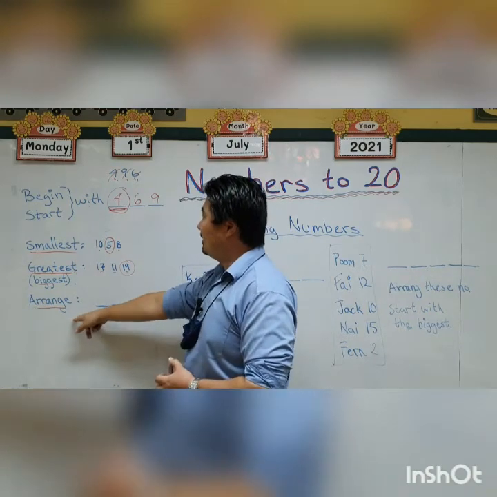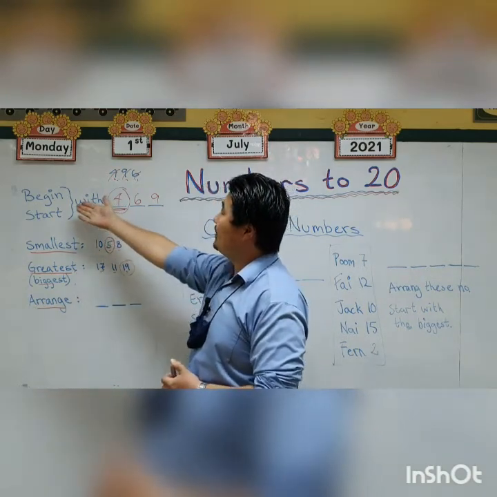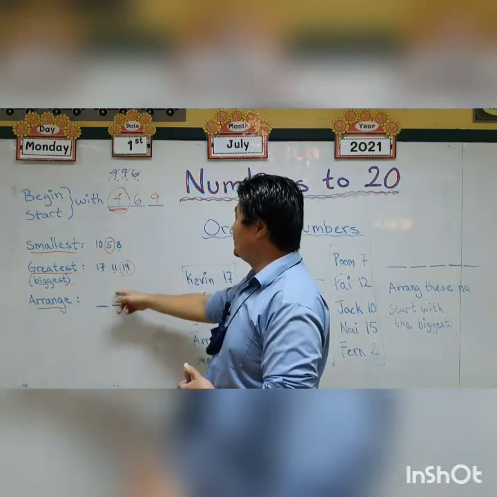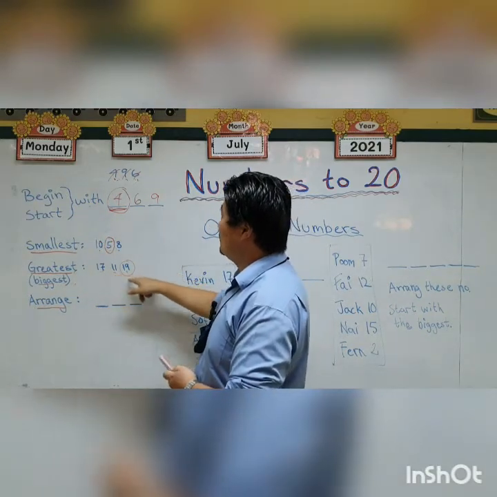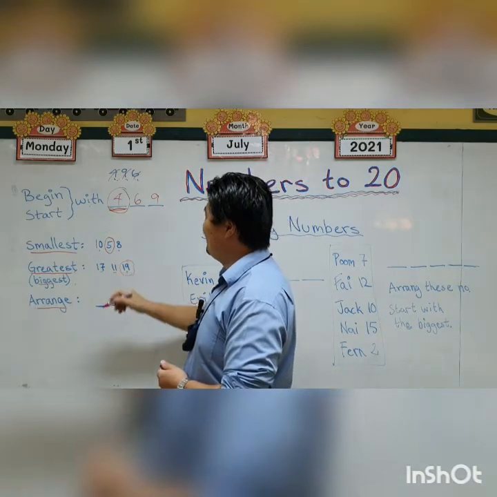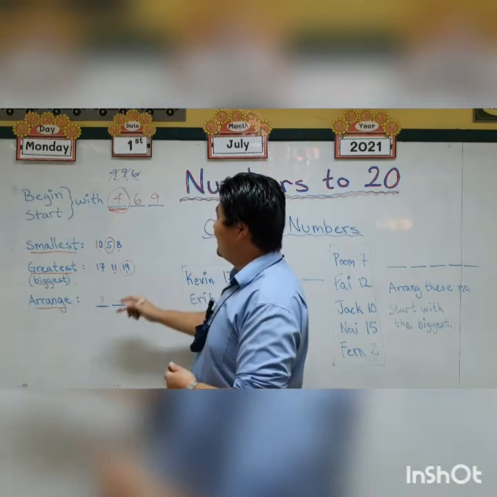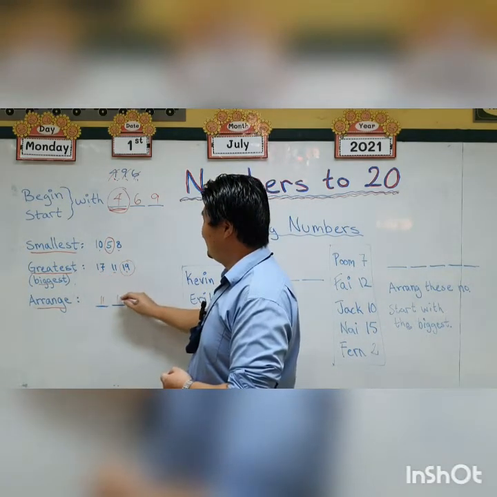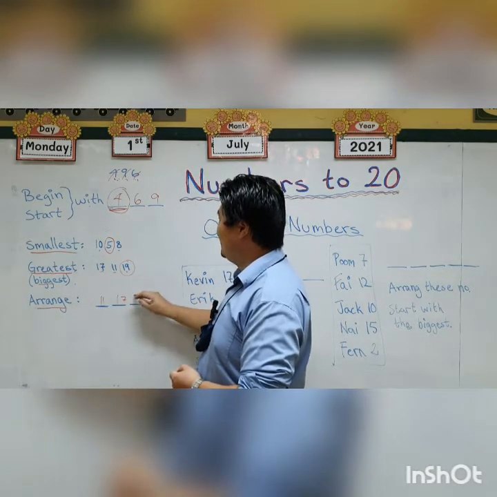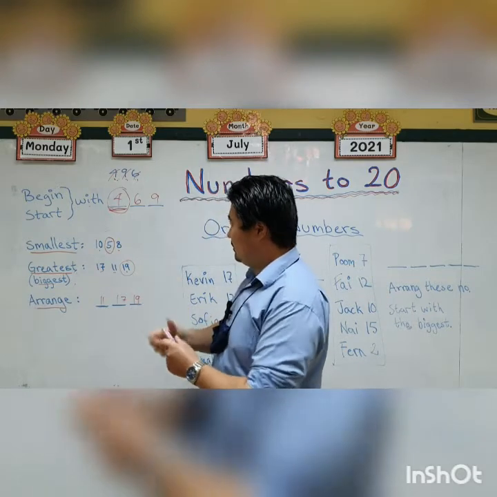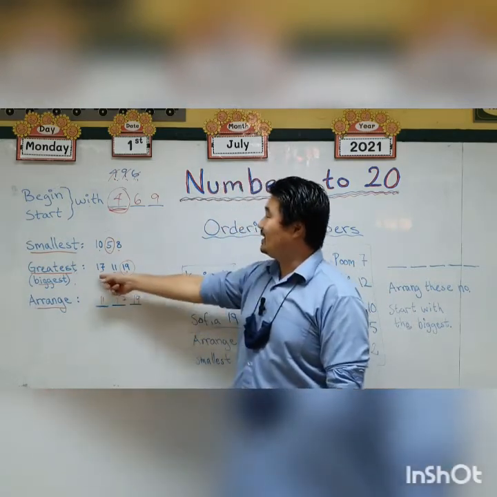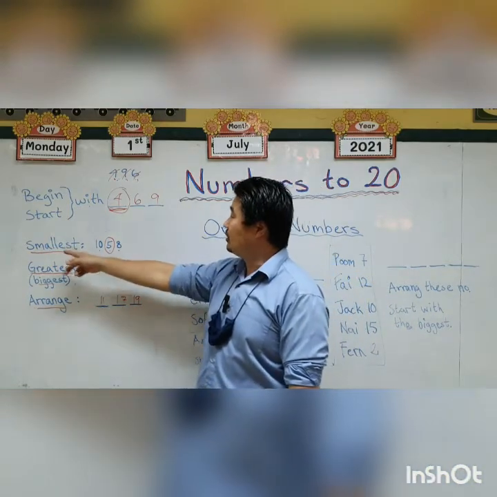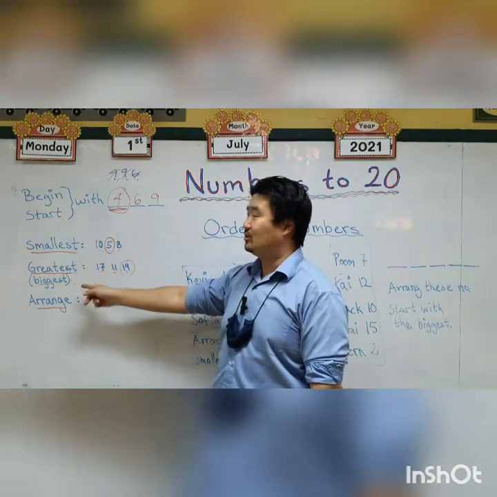So arrange them and begin with the smallest number. Which is the smallest number here? 11. Yes. And then second smallest? 17. And then 19. So now you have arranged these numbers from the smallest to the biggest or the greatest.